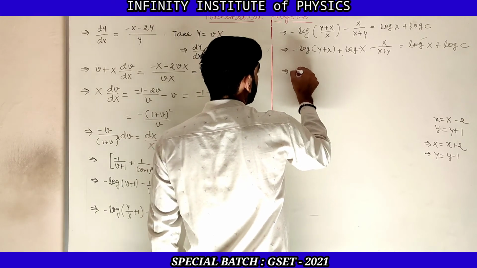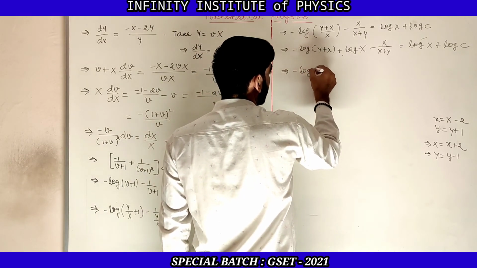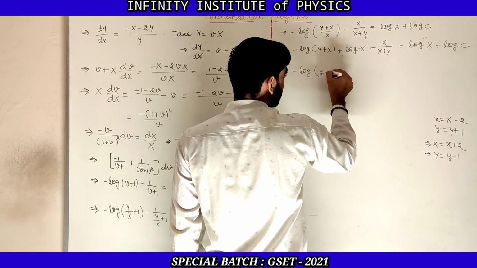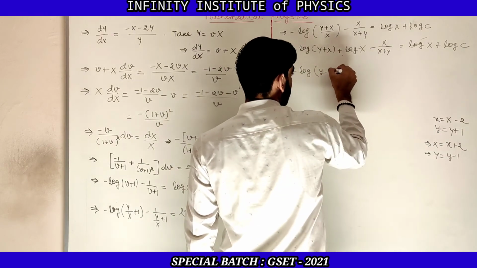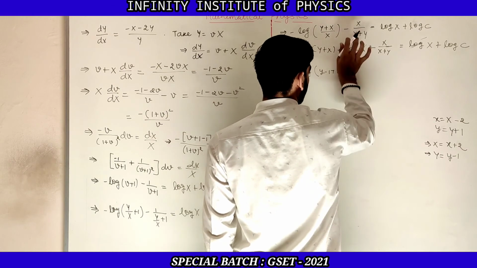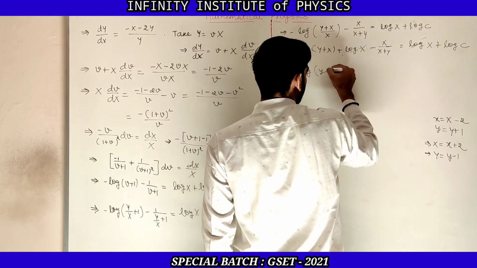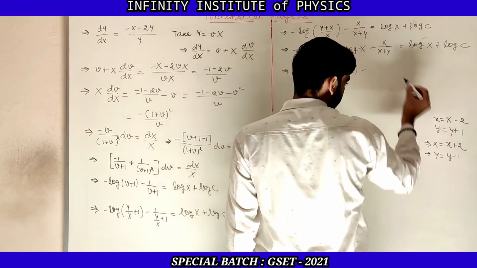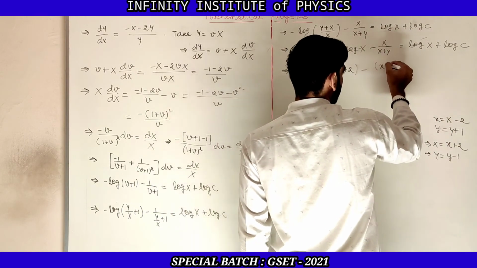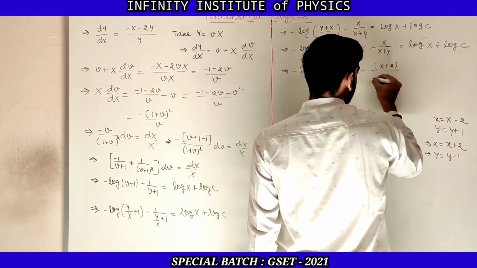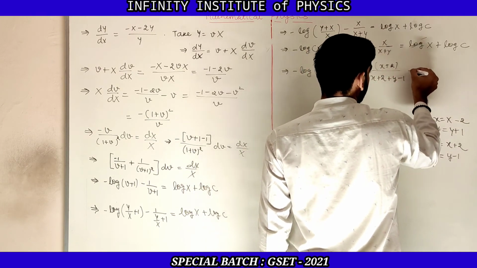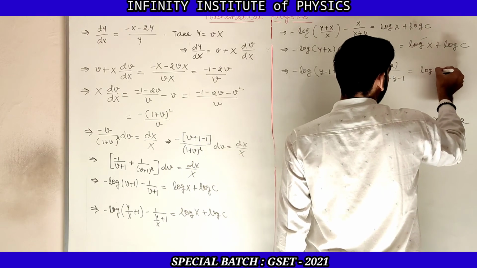Let us put these two values in this equation. Then it is minus of log of (y plus x), y that is y minus 1, plus x, that is x plus 2, minus x, that is x plus 2, upon x plus y, that is x plus 2 plus y minus 1, which is equal to log c.